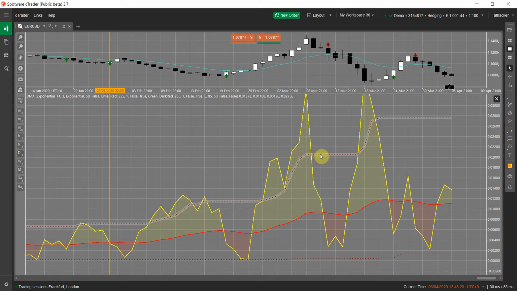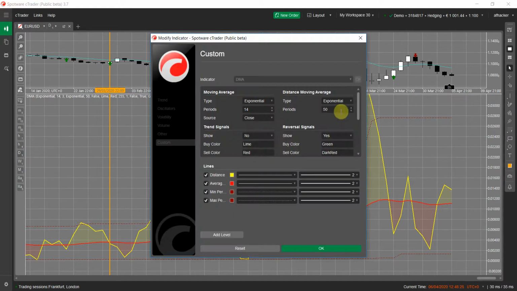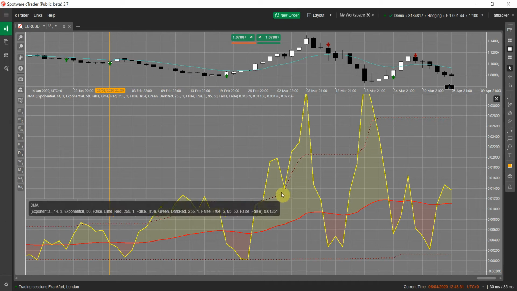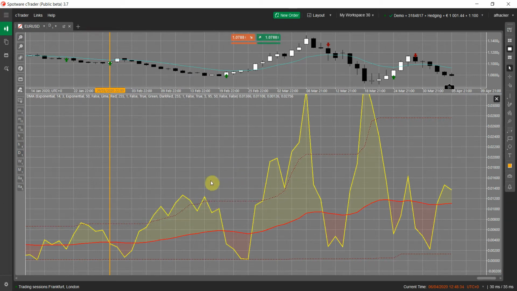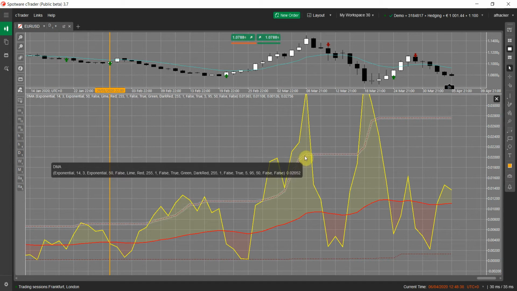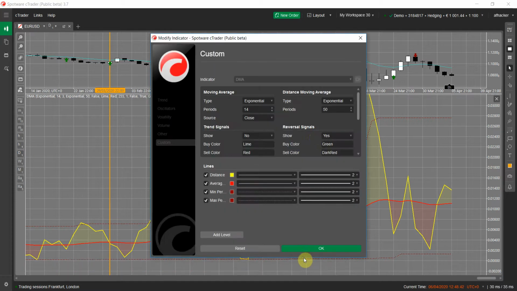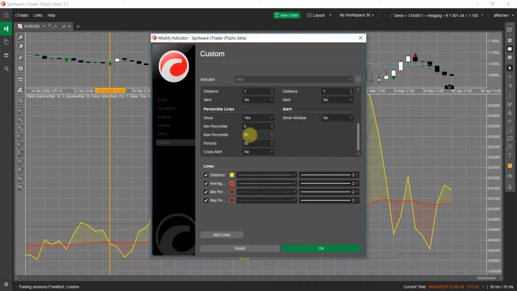What is the default period? It's 50. It scans the 50 previous distance values and finds the highest 95% value here, and the same for the bottom percentile line. It scans the 50 previous values and finds the lowest 5% value.